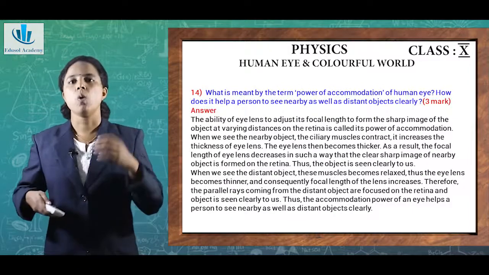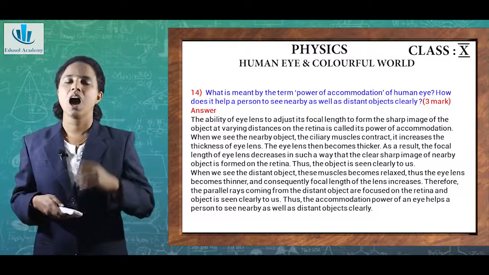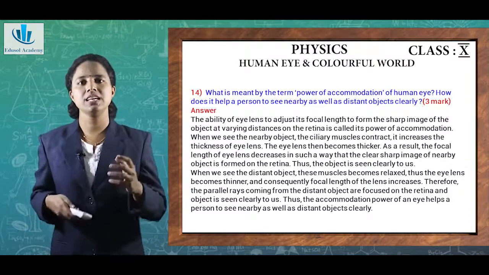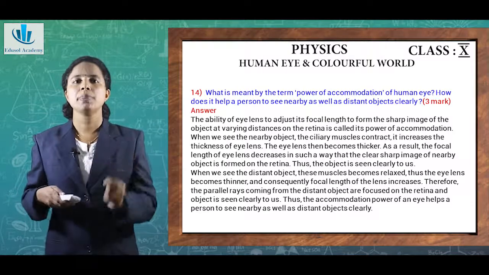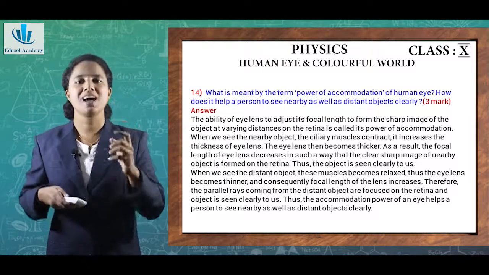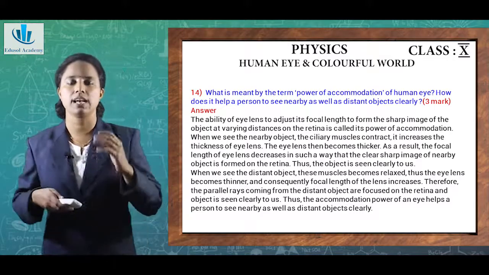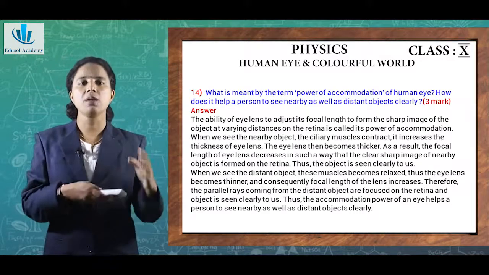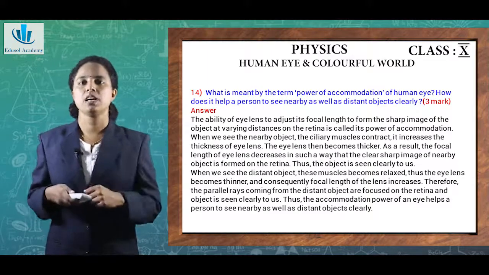Next question: what do you mean by the term power of accommodation of the human eye? How does it help a person to see nearby as well as distant objects clearly? So, the power of accommodation of the human eye is the ability of our eye lens to adjust the focal length to form a sharp image of objects at varying distances on the retina.